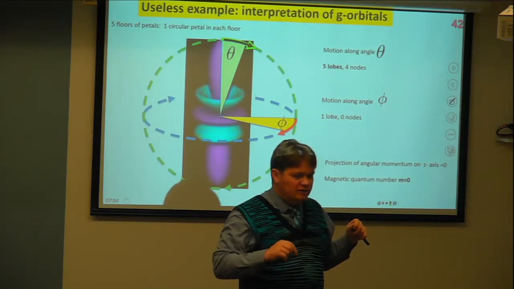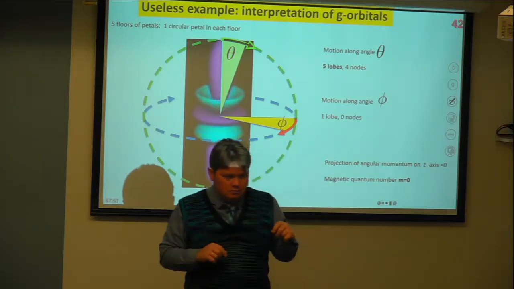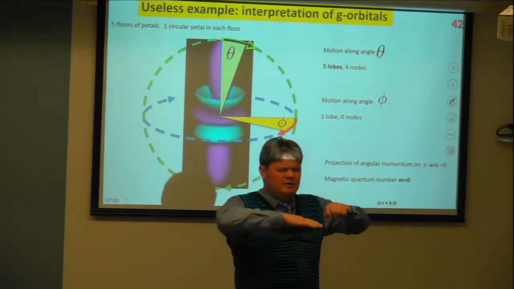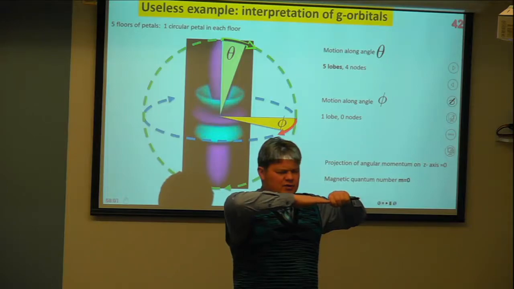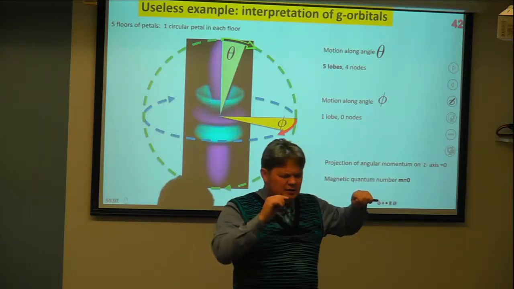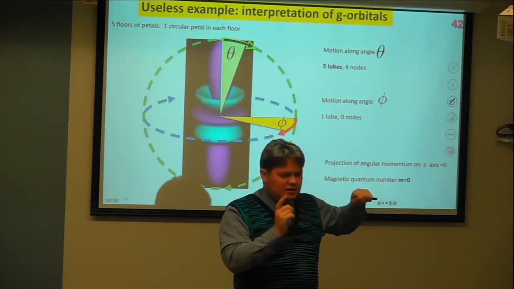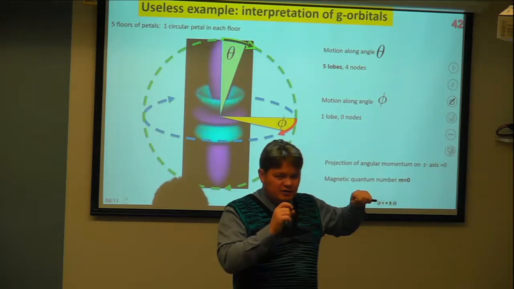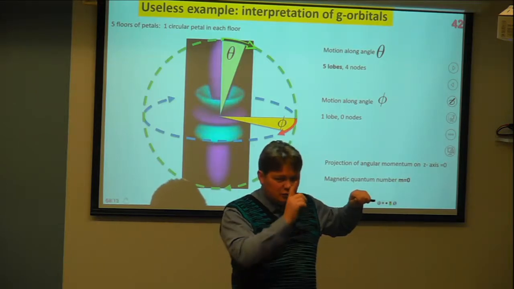Try to record it if you are taking notes. So for the three-dimensional rotator, there will be states with the same energy but different amounts of rotation, different values of projection of angular momentum onto the z-axis.